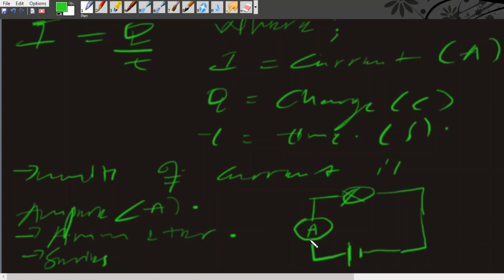It must be connected in series, and you must note that the positive side of the ammeter must be connected to the positive side of the cell. So the positive must be connected to the positive, and the negative must be connected to the negative.